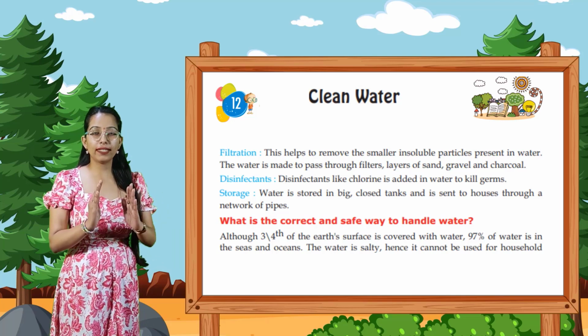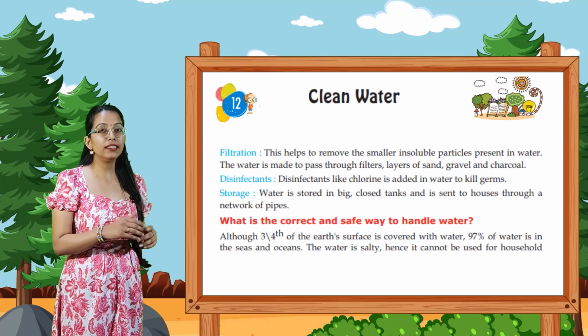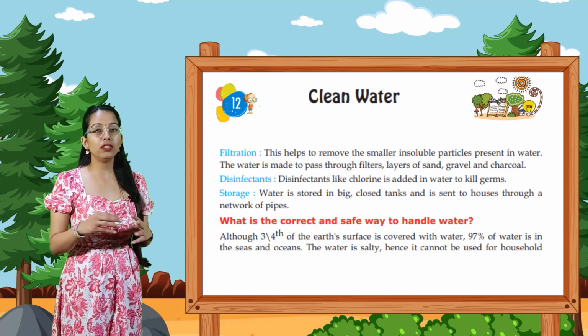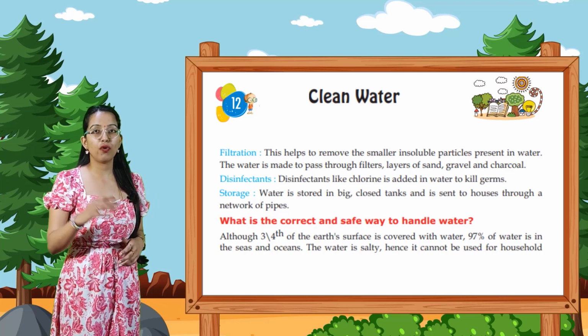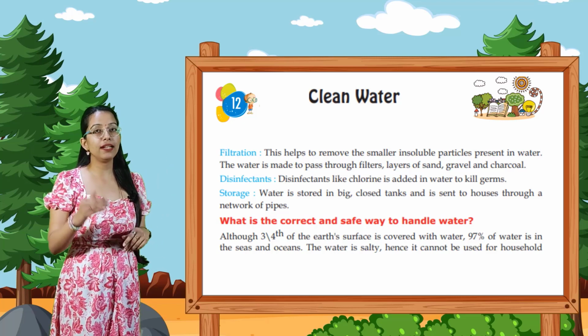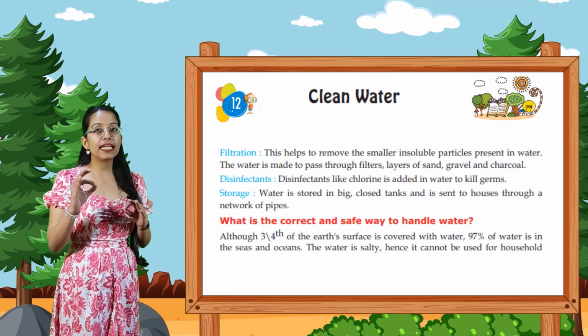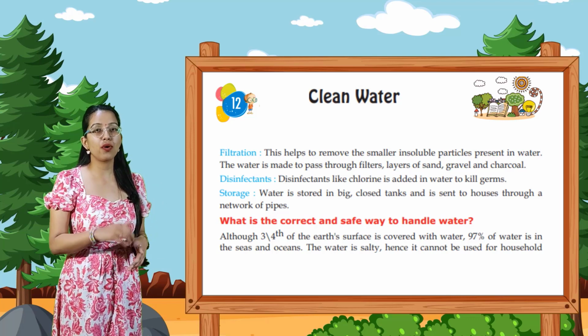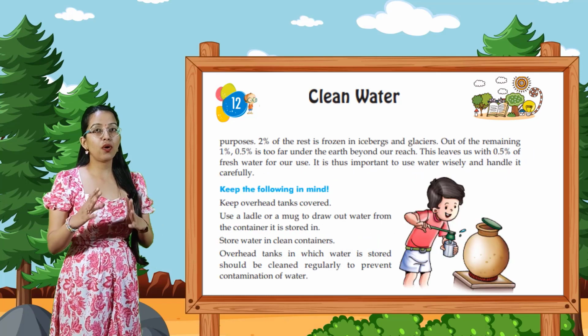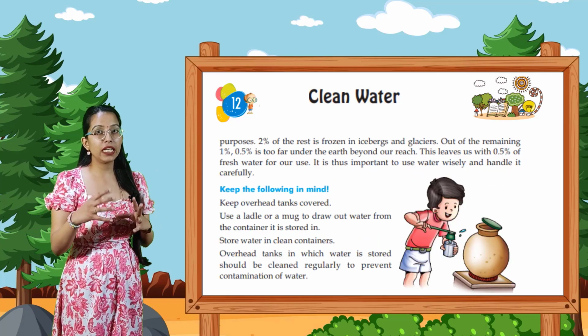What is the correct and safe way to handle water? Although three-fourths of the earth's surface is covered with water, 97% of water is in the seas and oceans. The water is salty. Hence, it cannot be used for household purposes. 2% of the rest is frozen in icebergs and glaciers.